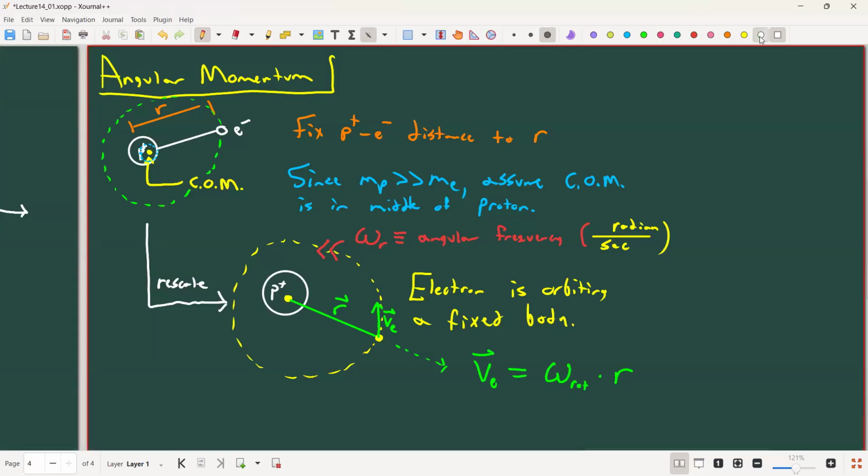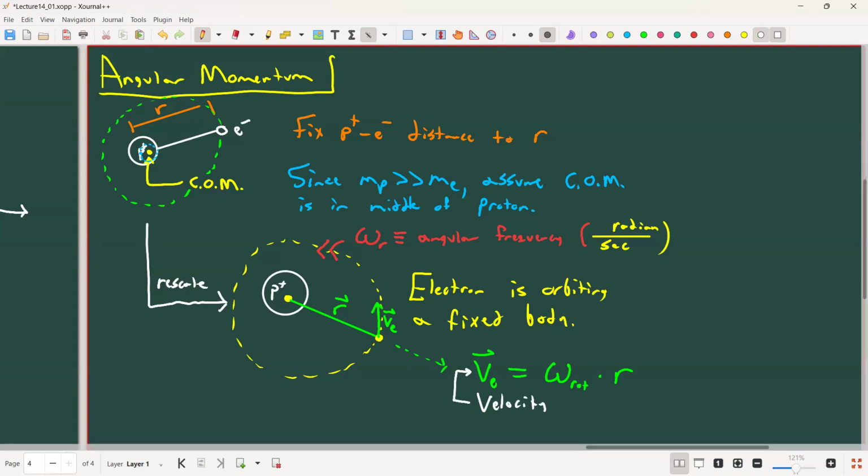So this is what we call the velocity. So we've got some electron that's got some angular momentum. It's moving at some frequency, which gives it some linear velocity, tangent velocity. And if we know the velocity, we can determine the kinetic energy. The kinetic energy is 1/2 mv squared.